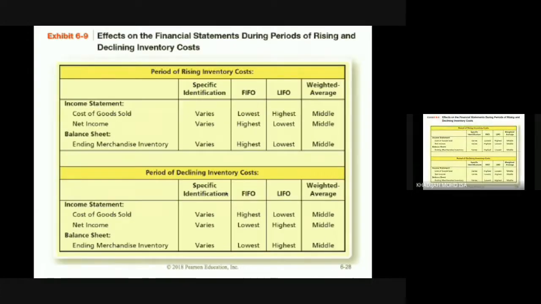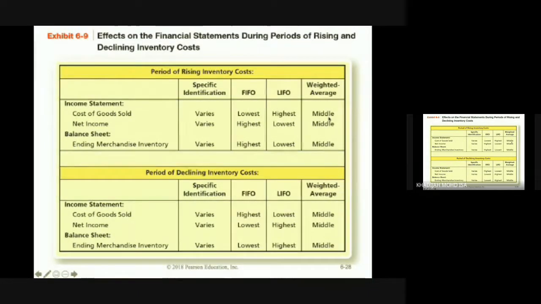Effect on the financial statements during periods of rising and declining inventory cost. Under cost of goods sold, FIFO has the lowest COGS, LIFO has the highest, and weighted average is in the middle.